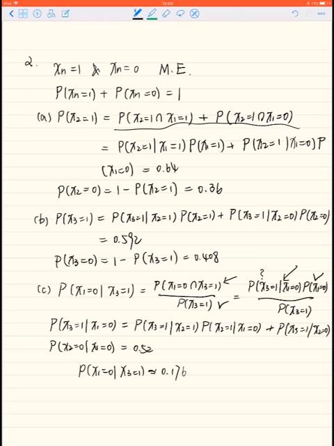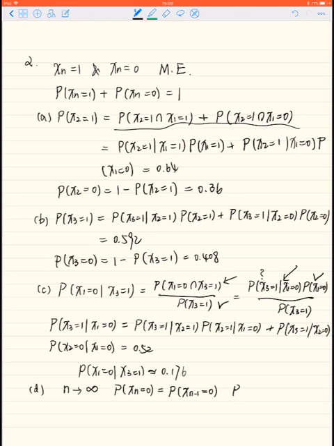Now we have to figure out the last question, question D. We know that when n approaches infinity, the probability that Xn equals 0 should be the same as the probability that Xn minus 1 equals 0.